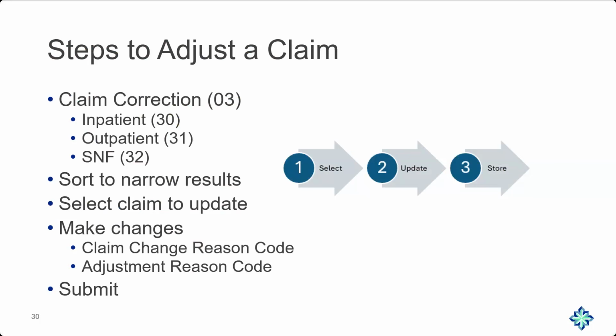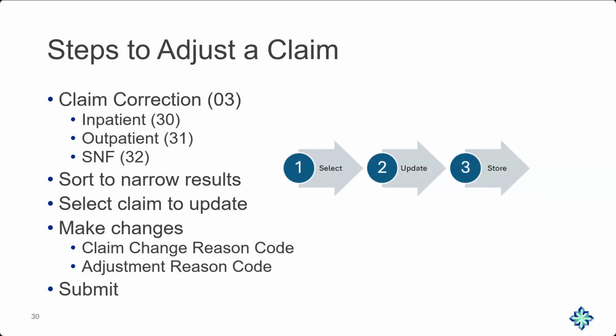The steps in making an adjustment also start with main menu 3, corrections, but this time you're going to have different submenu selections to choose from. Again, you can sort the list, but if you're doing an adjustment, you know which claim you're looking for, which one you need to make a change to, and so you can simply enter Medicare beneficiary identifier, that Medicare ID, and the dates of service to bring that claim right to the top of the list.